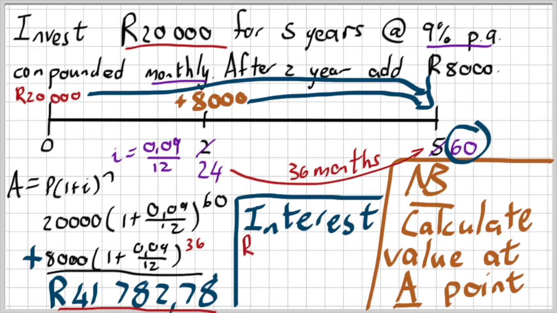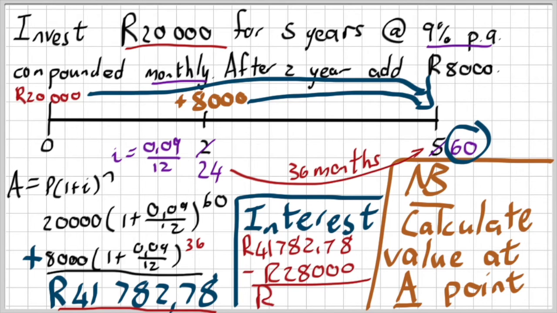That means the difference between the 41,782 Rand and 78 cents and the 28,000 they invested is 13,782 Rand and 78 cents.